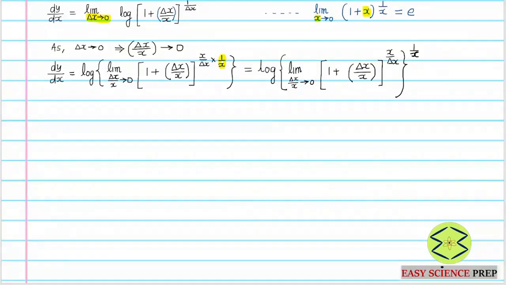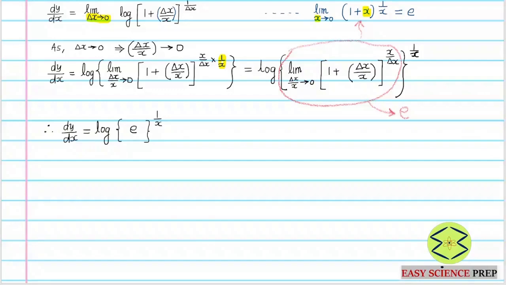Now if you look at this particular term, it is in somewhat this form. If you call this some variable x, then limit x tends to 0, (1 plus x) raised to 1 over x, this value would be simply e. Therefore we will get dy over dx equal to log of this value, which we got as e, whole raised to 1 over x.